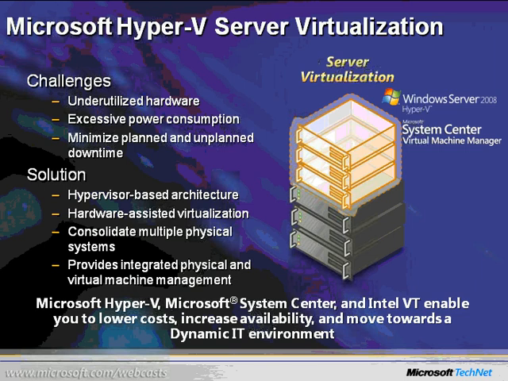So then the solution that Hyper-V really brings to the table is being able to use server virtualization to drive up the effective utilization of hardware on our server platforms. The Hyper-V hypervisor architecture is a very efficient, thin layer of software that manages the ability to interact with hardware and virtualize multiple server workloads.